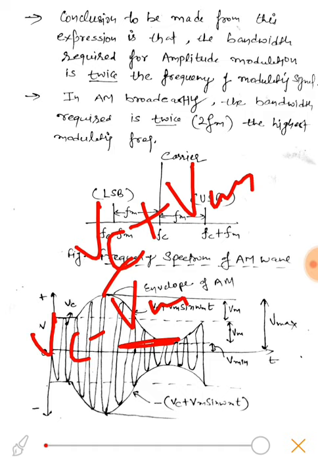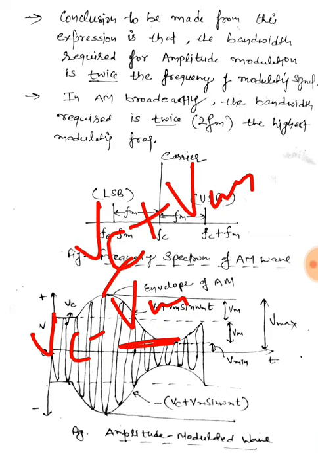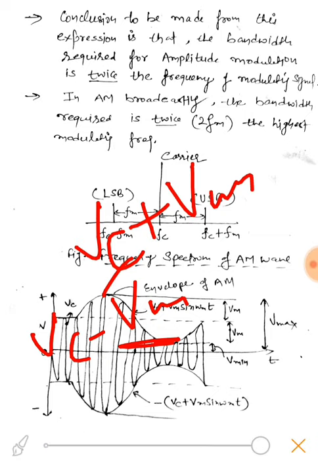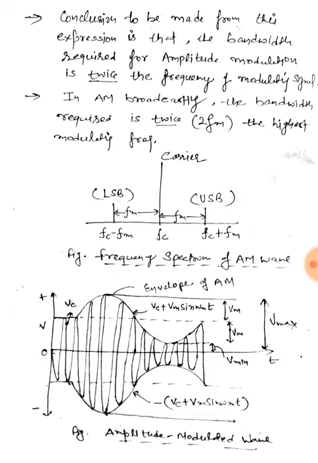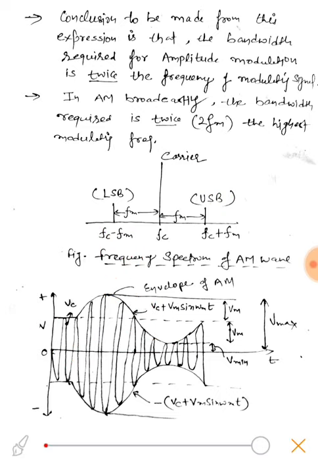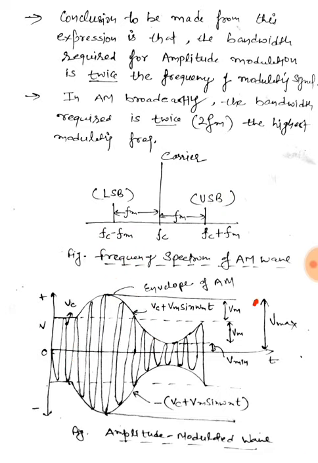Okay, so the maximum amplitude can be seen here in this picture. Maximum amplitude is this, that is Vc plus Vm. This is Vc and this is Vm, Vc plus Vm, and the V minimum is this one, it is Vc minus Vm.